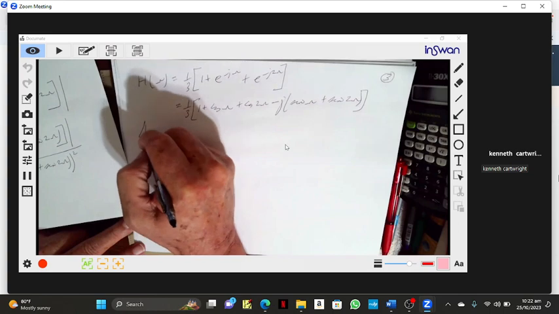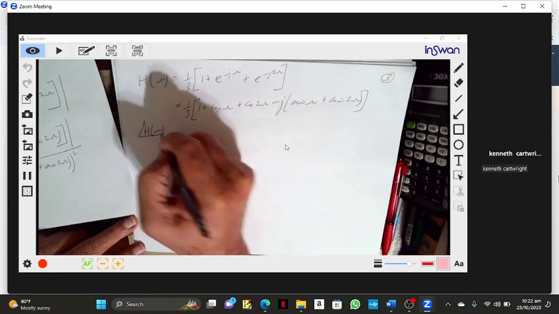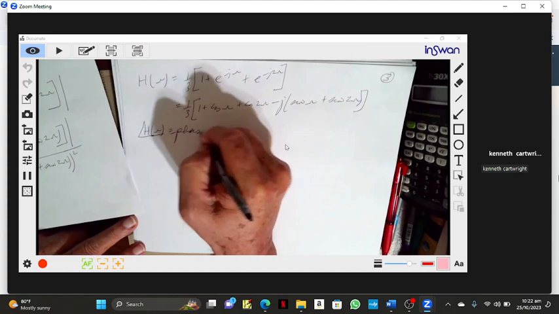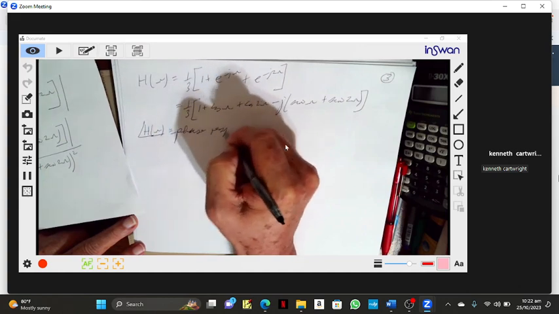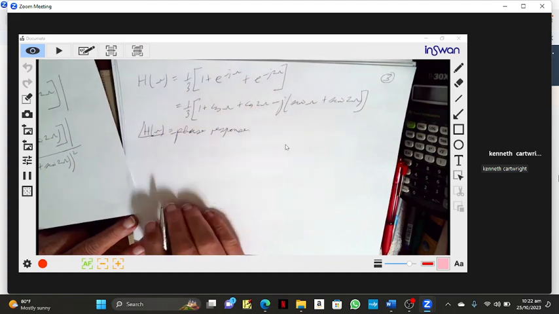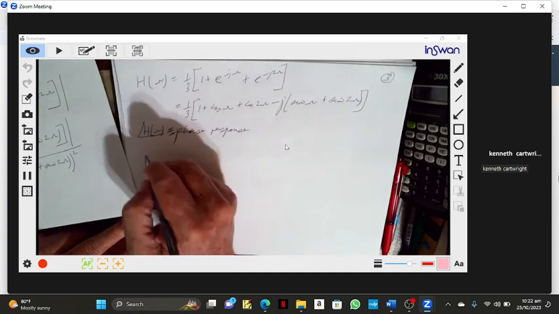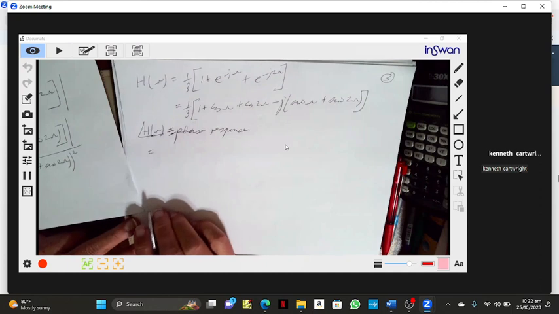So the angle of H of omega is the phase response. What is that equal to?